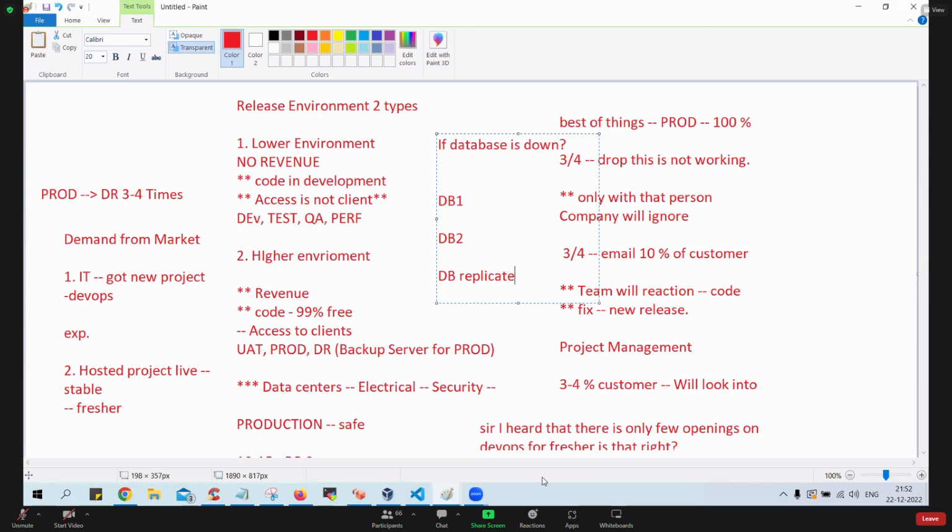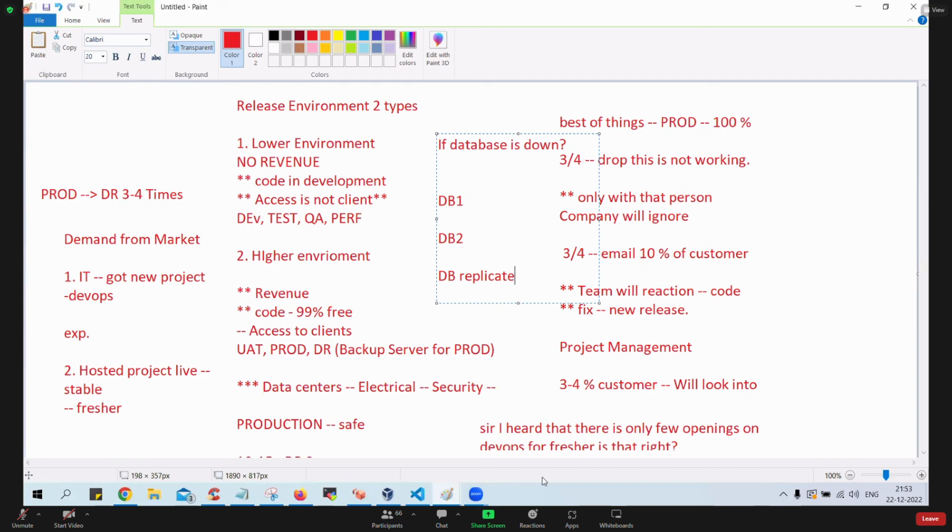So it is wrong to assume that you will have only one database. Got your answer, Subbu? Yeah. So at the DB level also they'll have replicas.